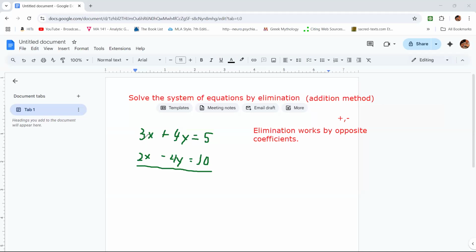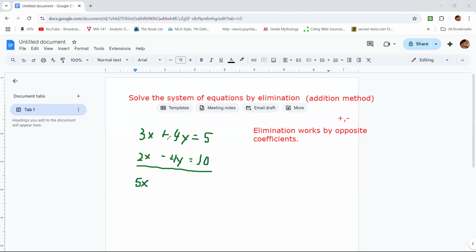Remember, we're trying to get rid of one of the variables. We can only solve one equation in one variable at a time. So 3x plus 2x is 5x.